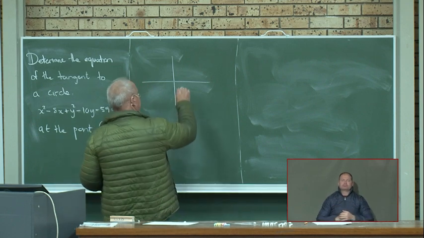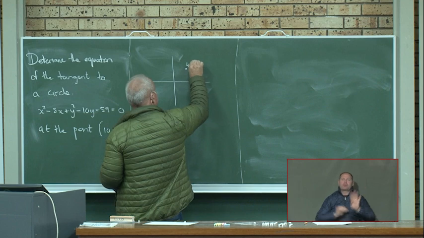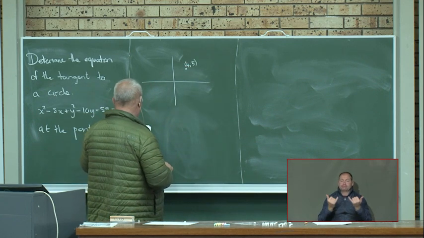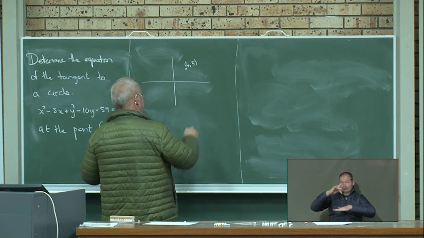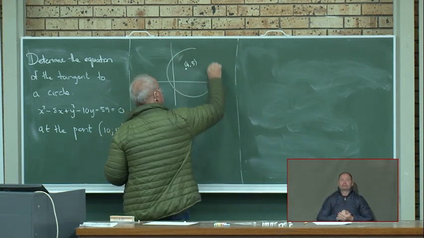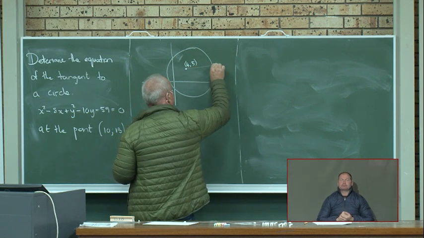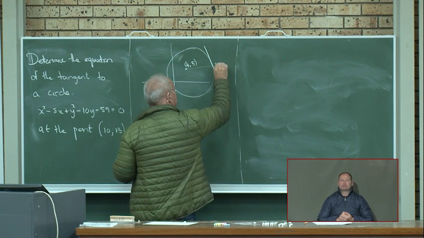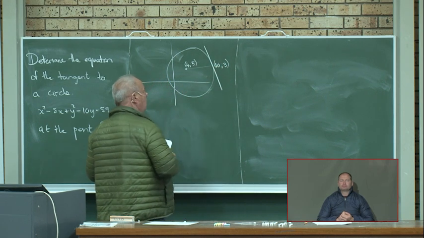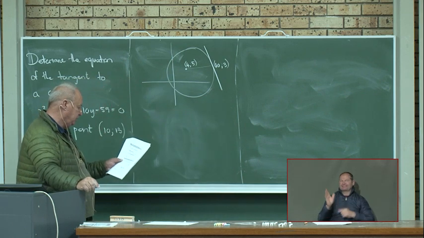The center here is (4, 5), and the point of the tangent is (10, 3). Right. Not a very accurate drawing, but that is what we need to determine.